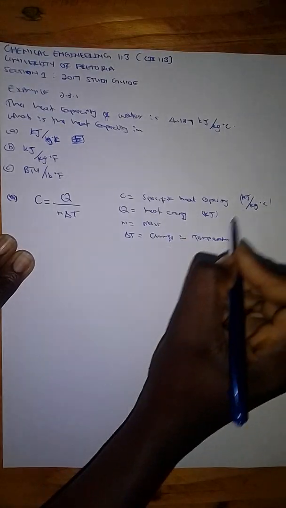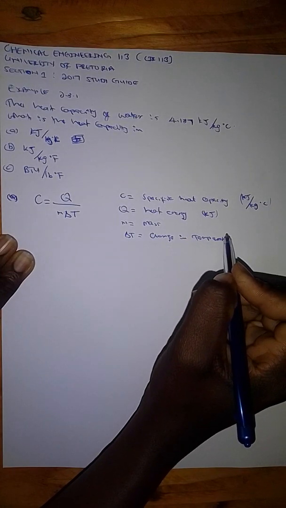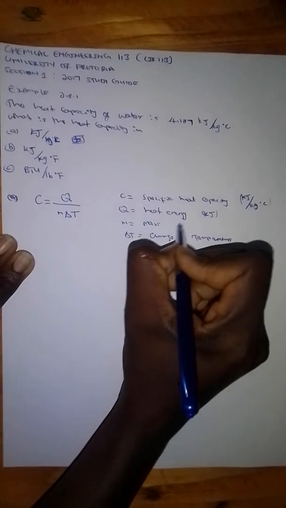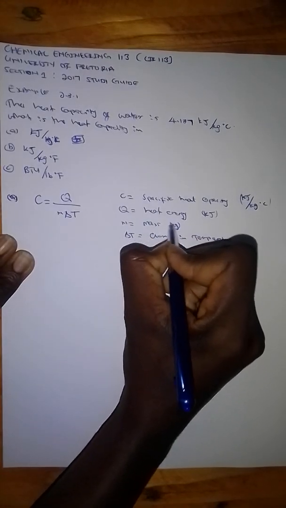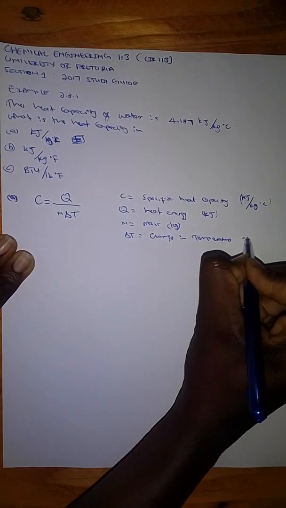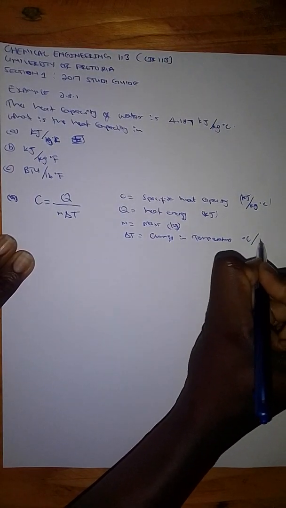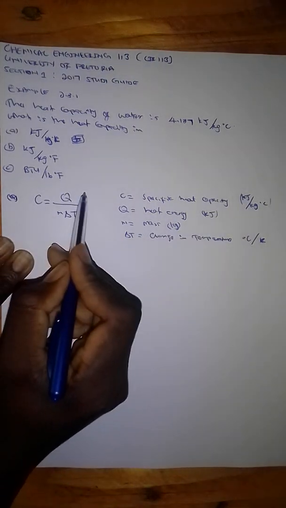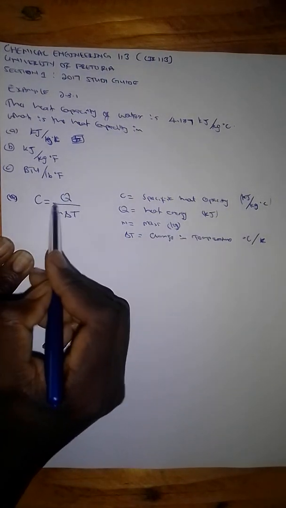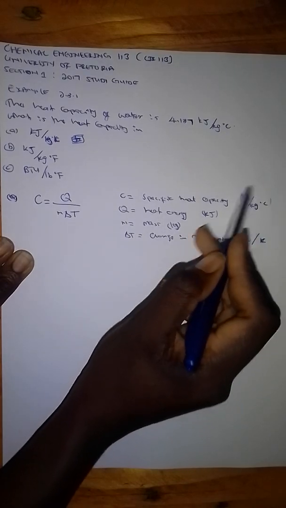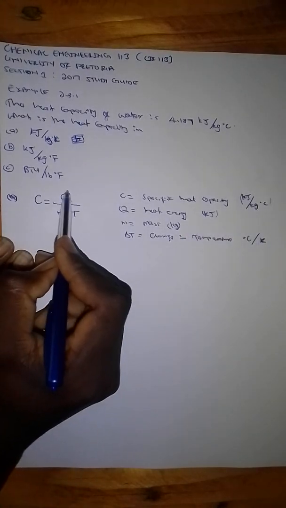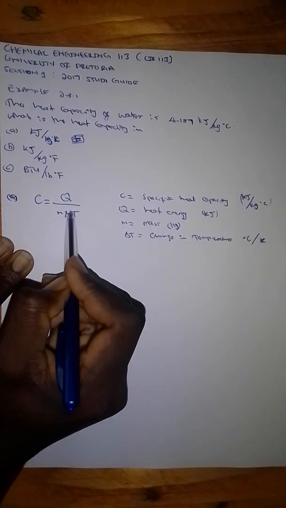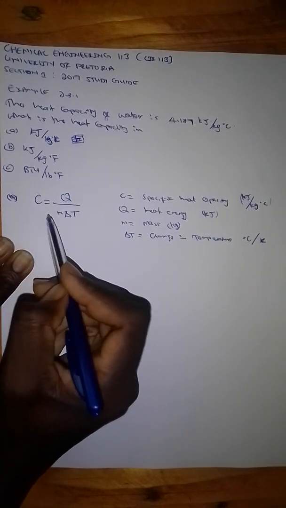There can be variations of these units depending on the system of units, but I want to use these to explain this equation. The mass is in kilograms, and the temperature is in degrees Celsius or Kelvin. So when you look at the equation, you realize that this is where these units come from: kilojoules, kilogram, and change in temperature.